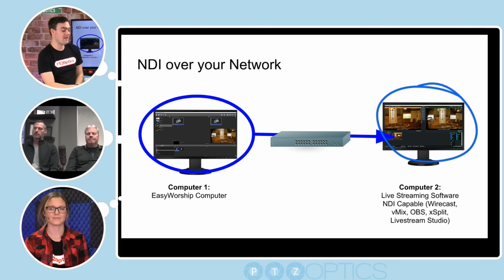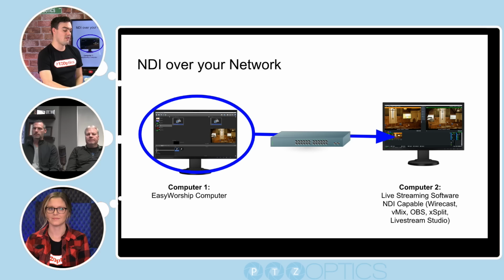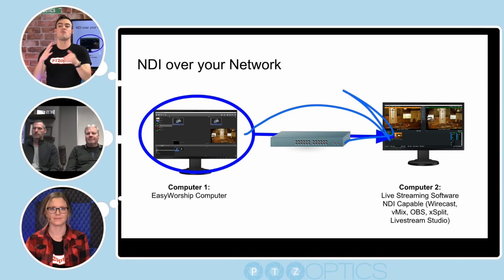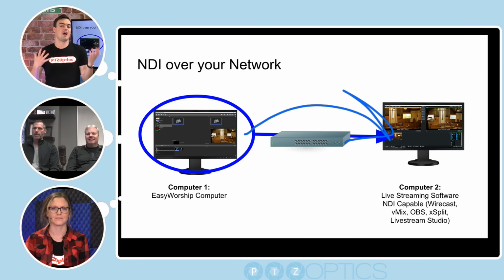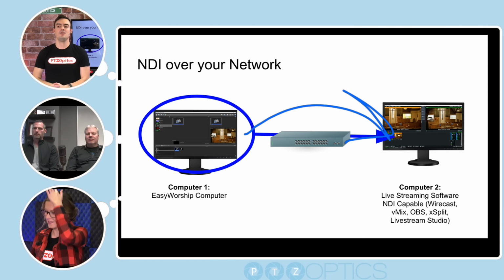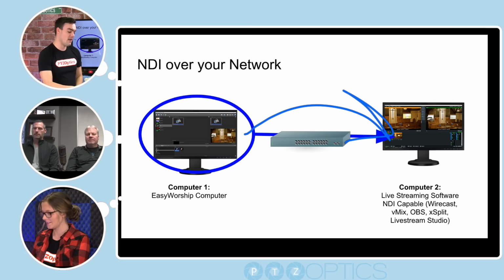So we can bring NDI cameras into the software, but we can also bring the entire mix of EasyWorship over NDI directly into vMix, Wirecast, XSplit, OBS, a TriCaster. So it really opens up the doors. Livestream Studio is another one.